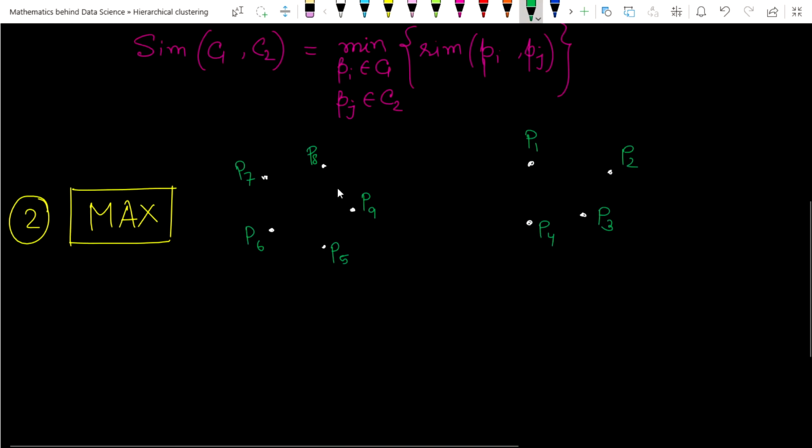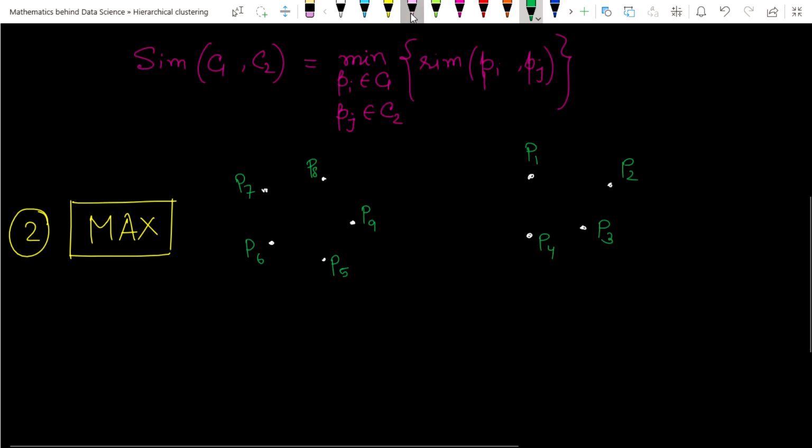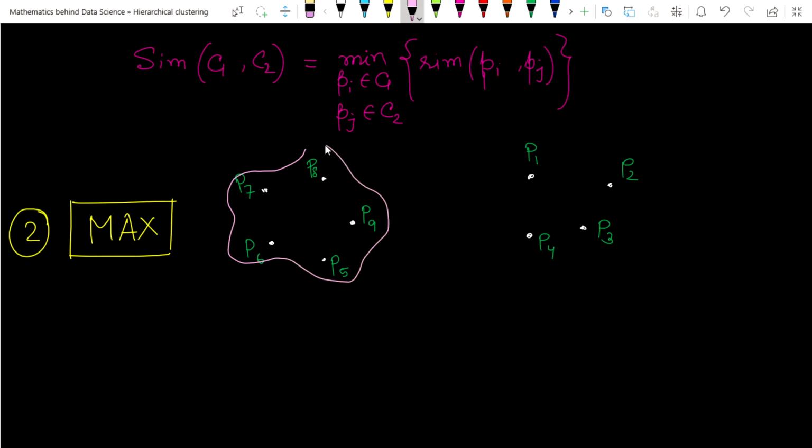Okay, suppose these are the points that we have. After some iteration, suppose these points make some cluster, and these points make another cluster. Let this be cluster C1 and this be cluster C2.